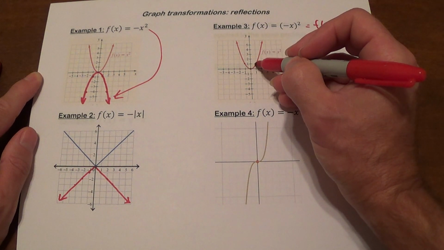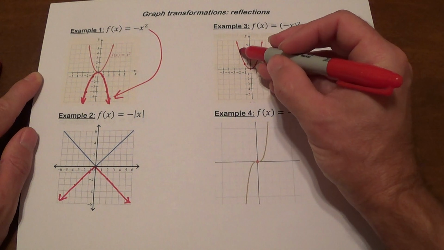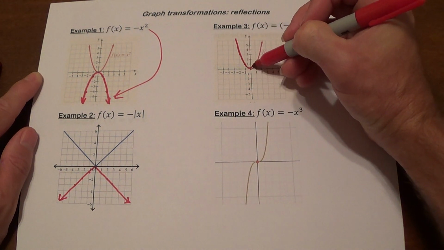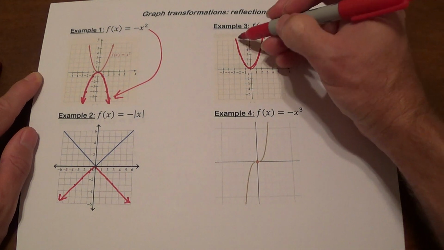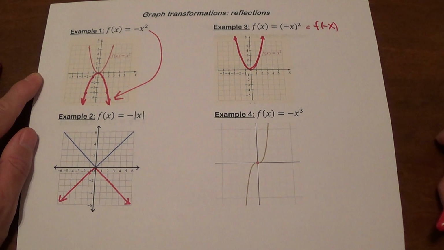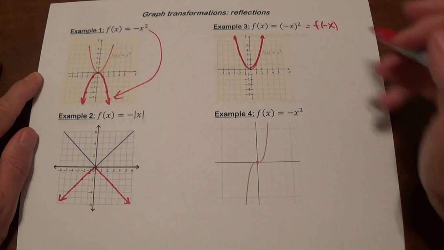This point goes here, this point goes there, this point goes here, this point goes there. So in essence, it's going to be exactly the same graph. If you're reflecting the graph of a function that happens to be symmetric about the y-axis, about the y-axis, then it is going to stay the same.